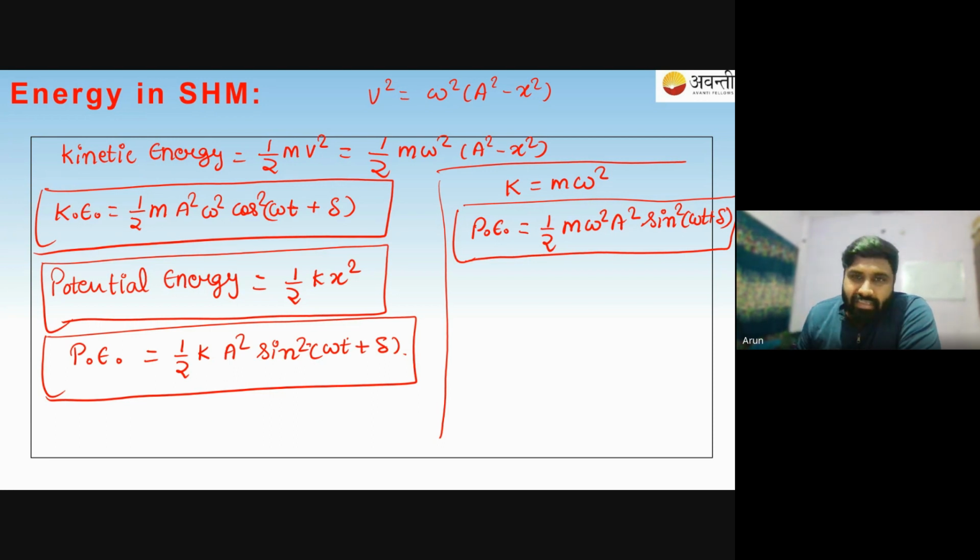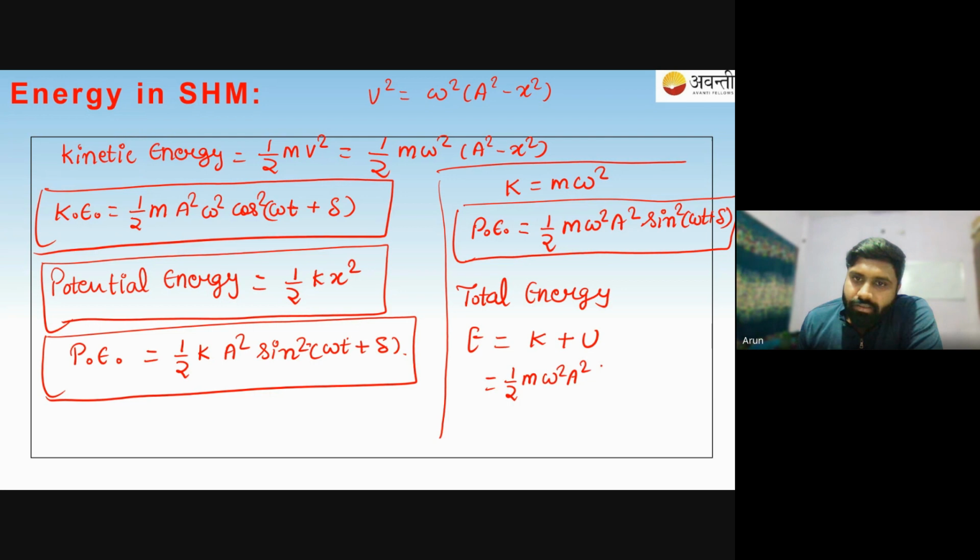Okay. Now, if you talk about the total energy, it is represented by E, given by K plus U. K is the kinetic energy plus potential energy. So if you put kinetic energy and potential energy in time form, 1 by 2 m a square omega square is common in both. So we can take 1 by 2 m omega square a square as common. What we have left is cos square omega t plus delta in kinetic energy and sin square omega t plus delta in potential energy.